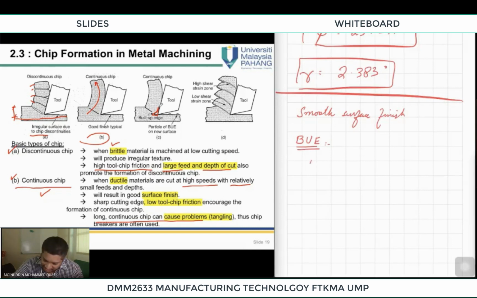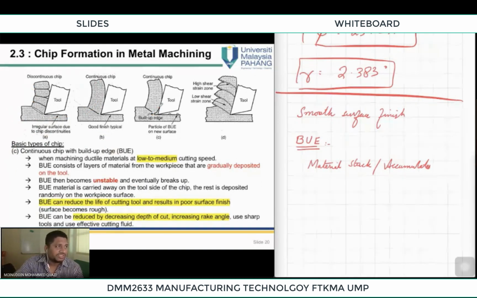At the space, material gets stuck, it accumulates, gathers. When the material gathers and accumulates, it causes problems for the tool to move forward. And when it causes problems for the tool to move forward, then the surface finish is very bad. So it causes hindrance in the machining or cutting operation.